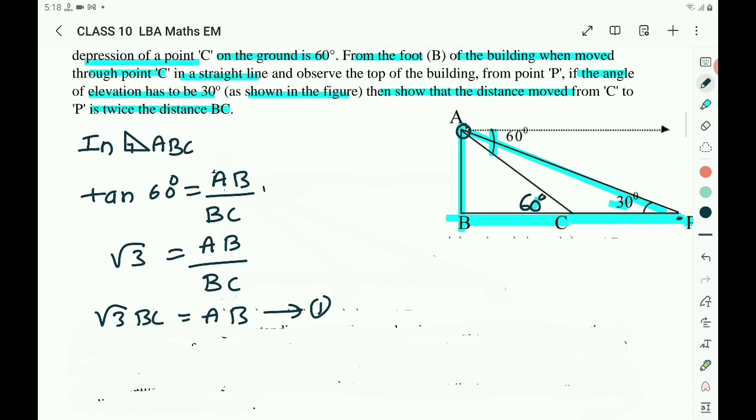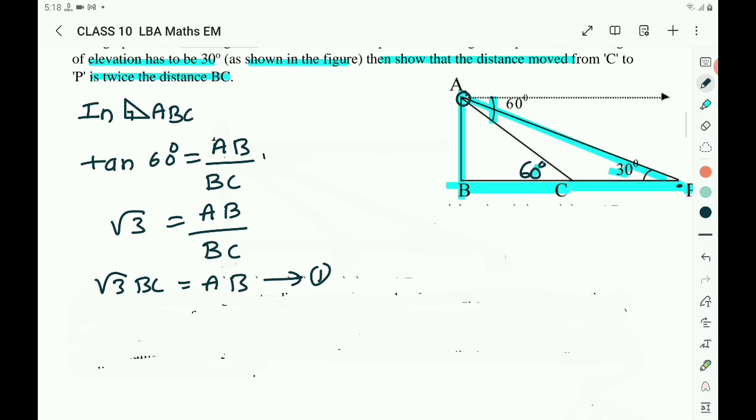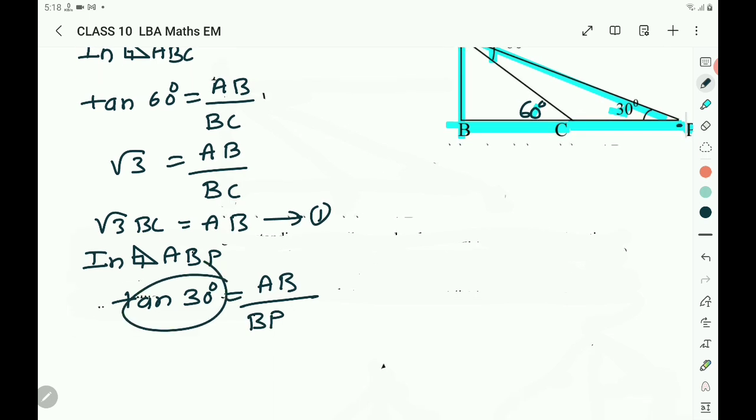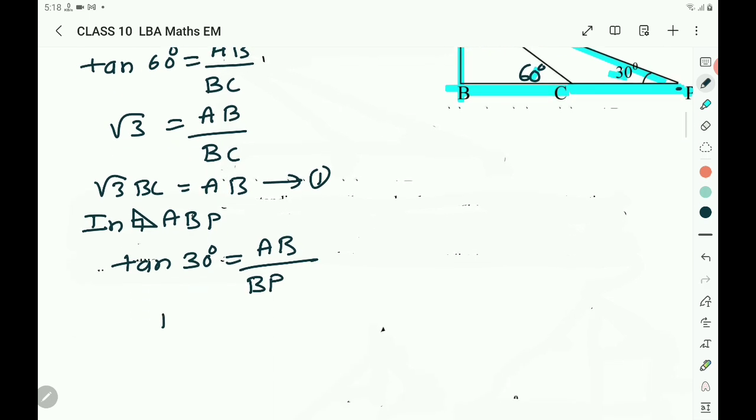In the right angle triangle ABP, tan 30 degrees equals opposite side AB by adjacent side BP. Tan 30 is 1 by root 3. So 1 by root 3 is equal to AB by BP.